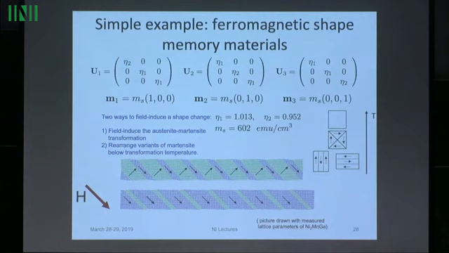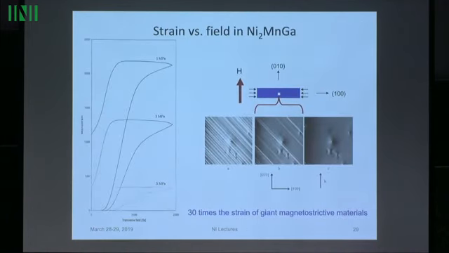This in a certain direction in this variant, and this in the corresponding direction in the other variant. And it turns out that the difference of those dot product to normal is exactly 0. So even with large deformations, you have this wonderful compatibility of the strains implies compatibility of the magnetizations. And then by changing the volume fraction, of course, you can have an actuator, and so that's ferromagnetic shape memory. There it is experimentally.